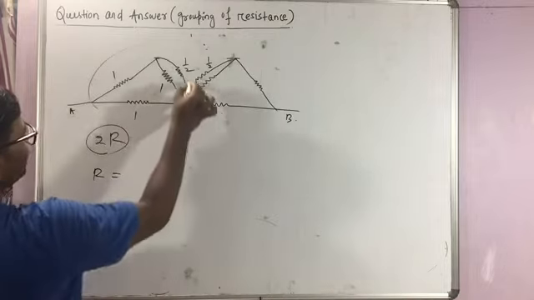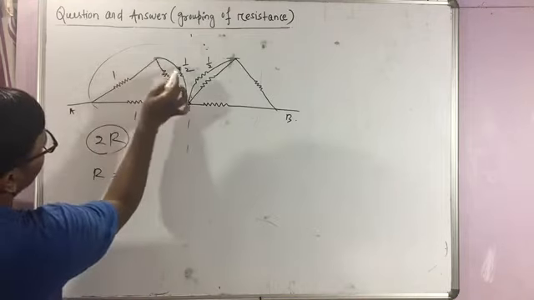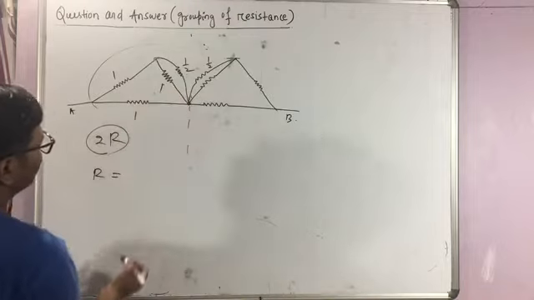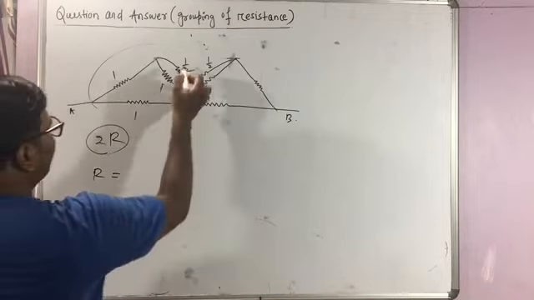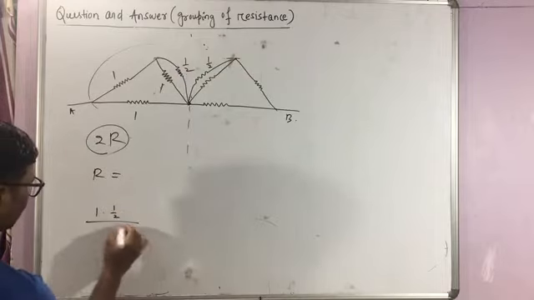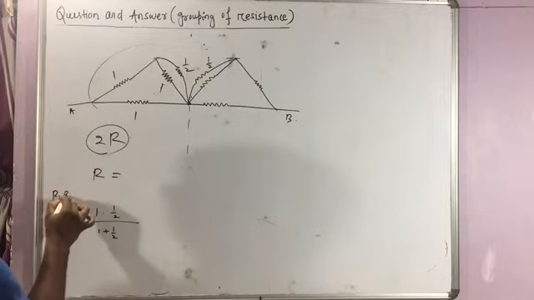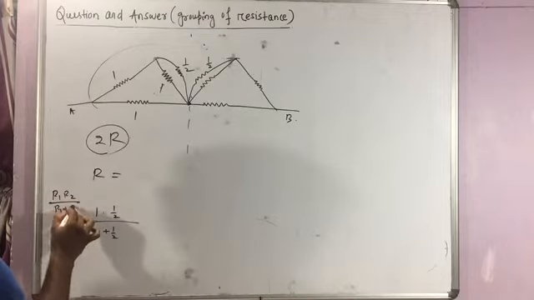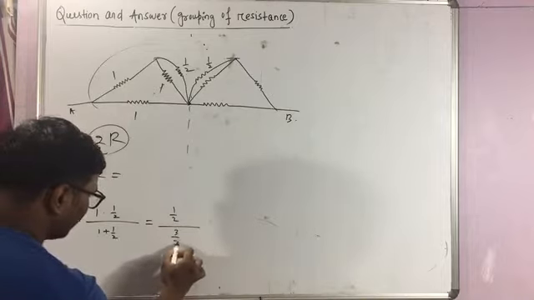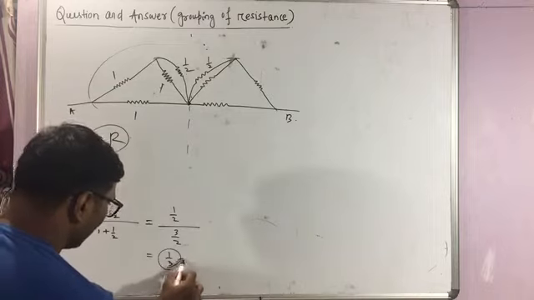R means the resistance of this part. Now you just see, this 1 ohm and this half ohm are in parallel. So their effective resistance would be how much? Formula for parallel is R1 R2 by R1 plus R2, so 1 into 1 by 2 divided by 1 plus 1 by 2, which is half divided by 3 by 2, which is 1 by 3 ohm.